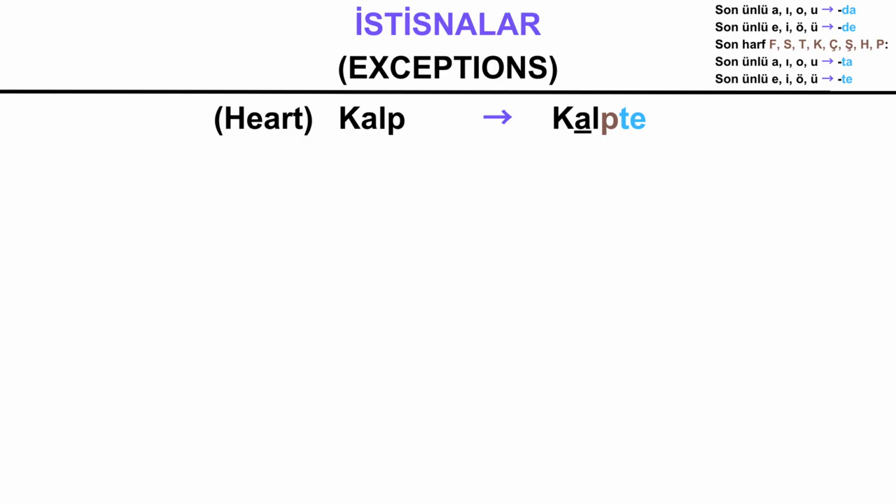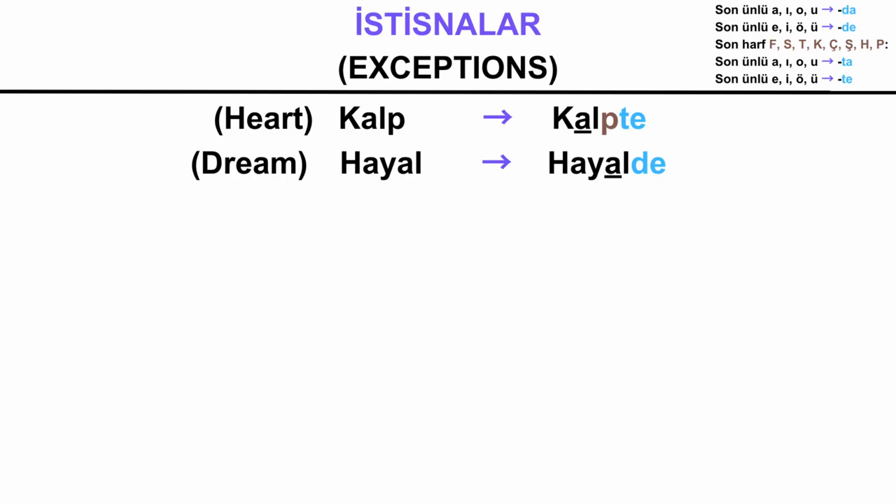That's why, if it was a normal a, it would be ta, because the last letter is p. But because it's not a normal A, it is a softened A, we need T. So when we want to say in the heart, we will say kalpte, kalpte.